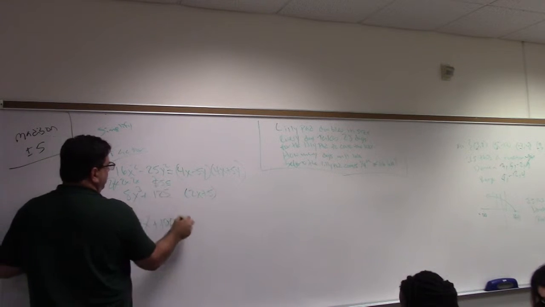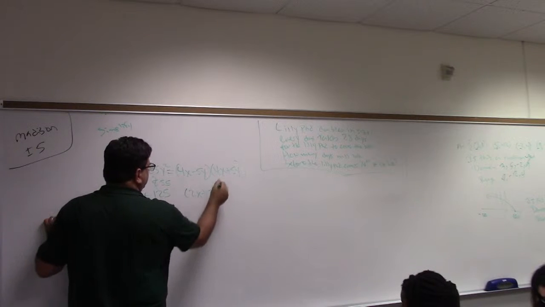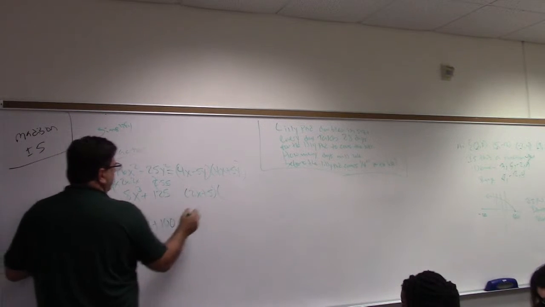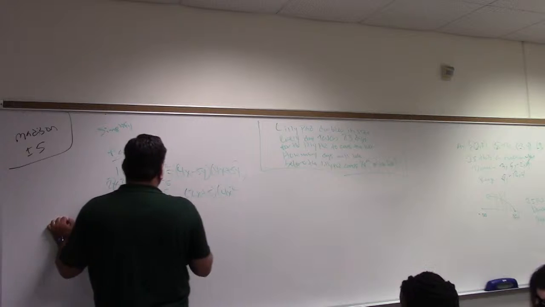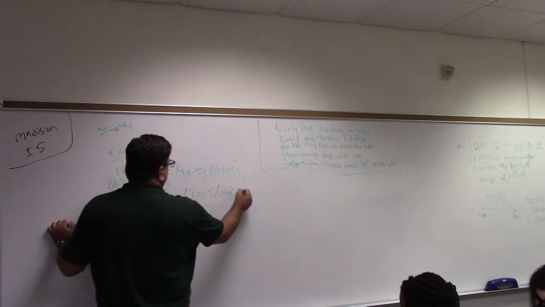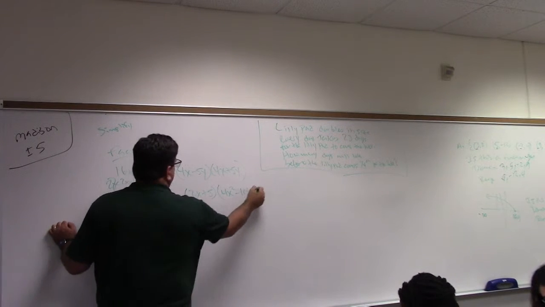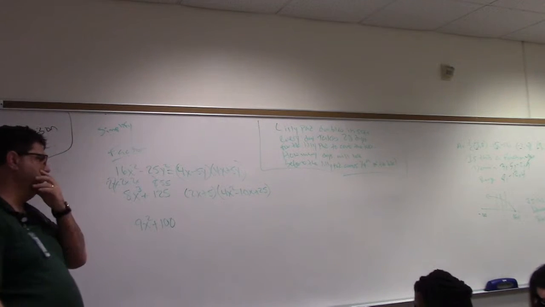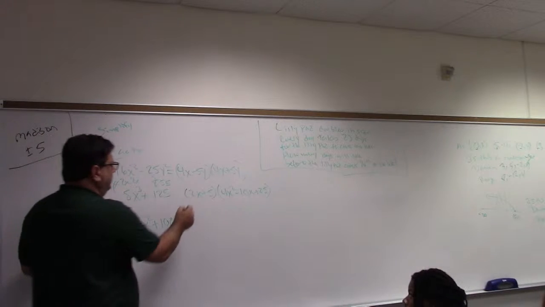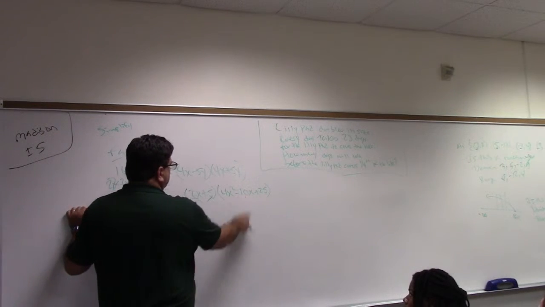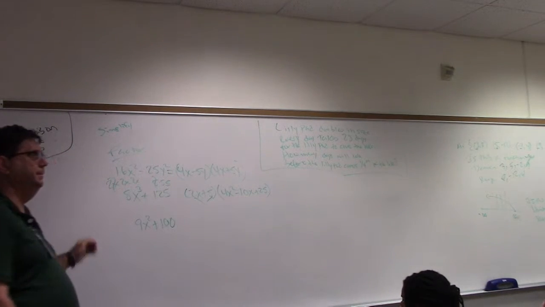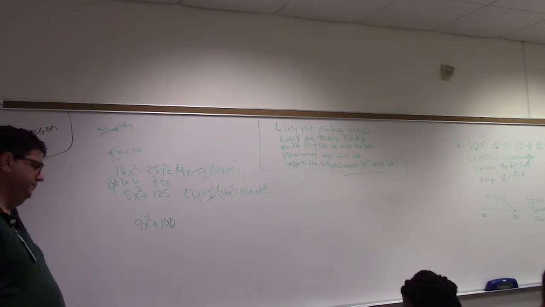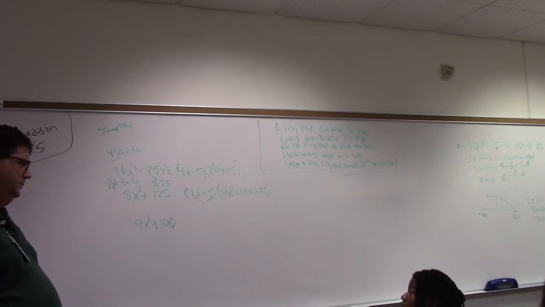Take off the 2x, we take off the 5, we get 2x plus 5. Then we got 4x squared minus 10x plus 25. You got to multiply these two together. Get the middle term, change the sign. All right? Faith, you good?